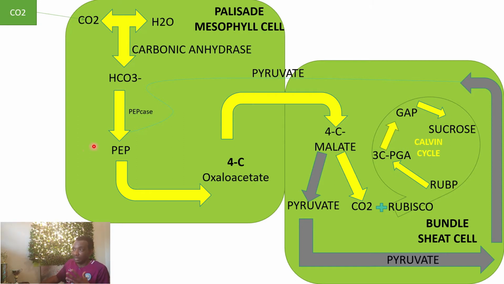Now, in C4 plants, PEP only has a binding affinity for carbon dioxide and not oxygen. Therefore, photorespiration is cut out from this point, because PEP will not bind to oxygen. You understand?